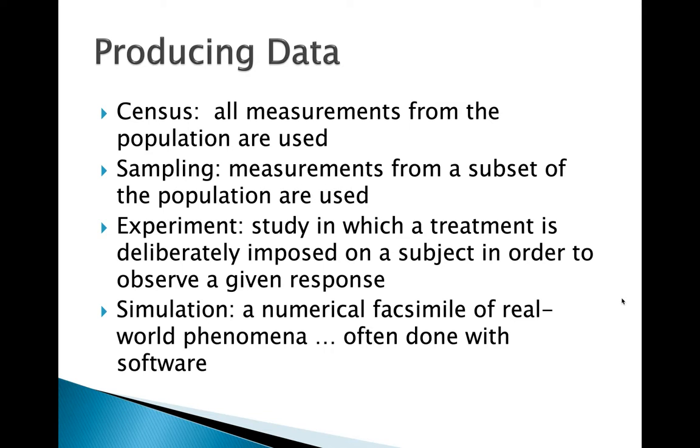And on any given day, people or woodchucks are born and die. The population is kind of fluid, and so it's really hard to get a true census. So a lot of people feel it's better to go with scientific sampling, and that is where we're going to use measurements from a subset of the population.